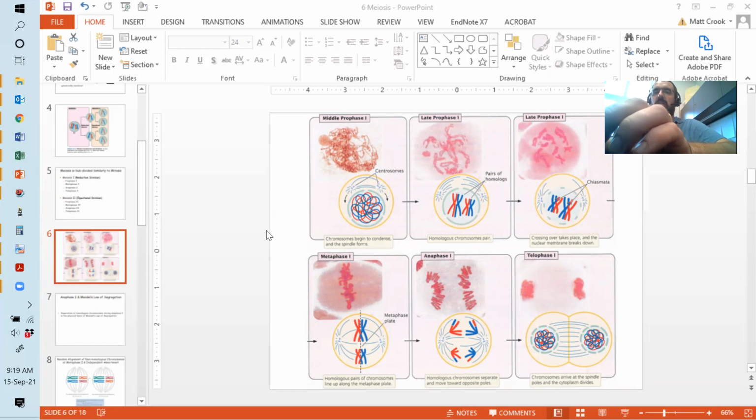And so these are places where non-sister chromatids... They're called non-sisters because you have sister chromatids for one chromosome, and sister chromatids for the other chromosome. These ones and these ones are not sisters, because they're not identical.